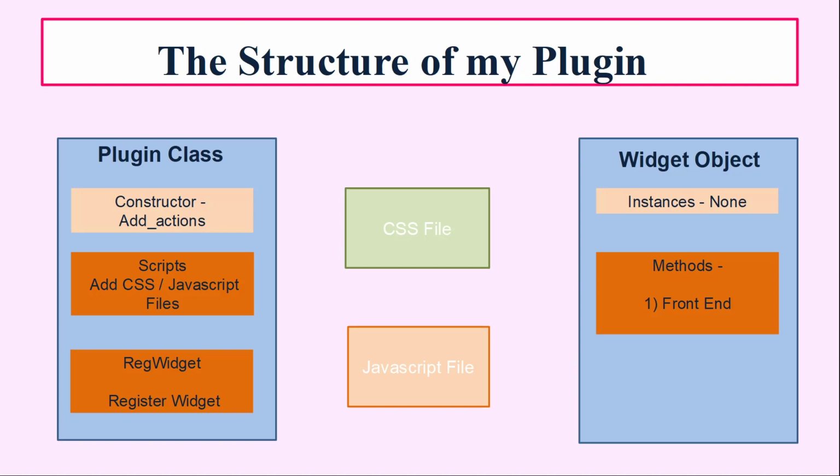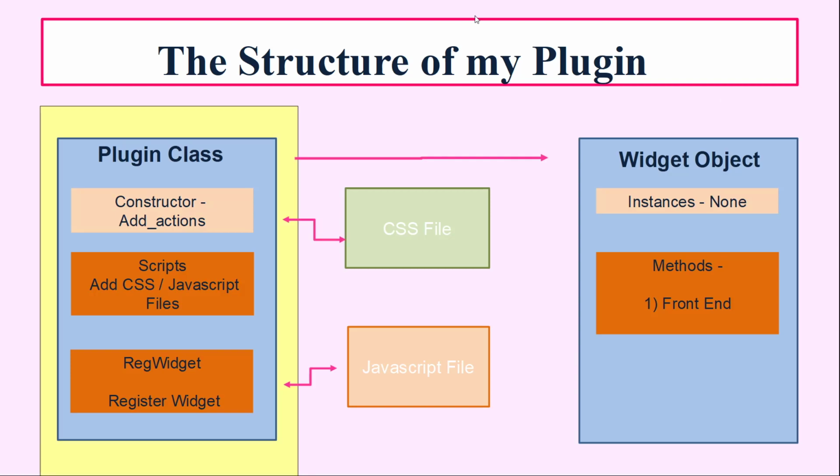In the Matrix plugin, we have 3 methods in the widget object. It's the front end, the back end, and the update method. But because in this video we only want the front end, I've gotten rid of the other methods. So they link up. Now, the Singleton design is like a box around the plugin.